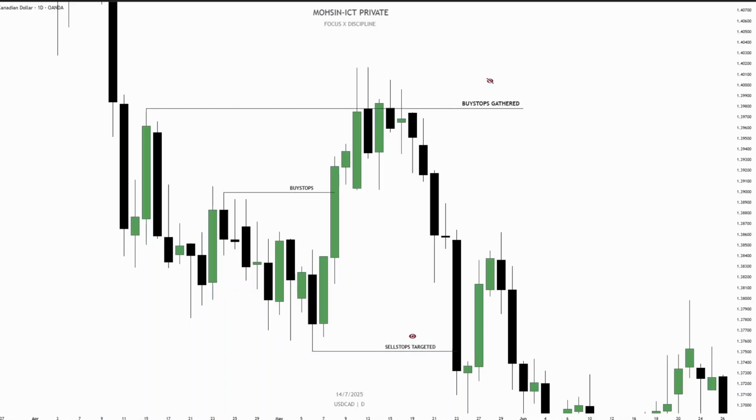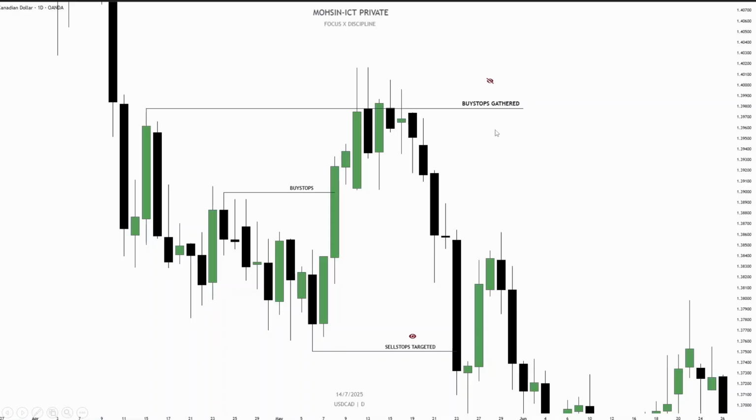So if you focus carefully, we are taking the high right here, and all the traders that went short from these levels or these levels, all of them have put their stop loss above this level or this level. Now price wants to take this high and gather all the buy stops to have the fuel to go to the other sell side liquidity.